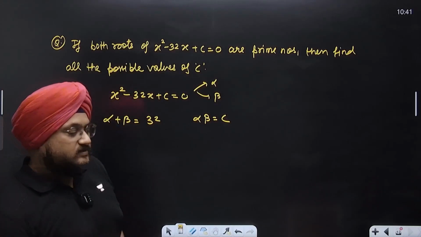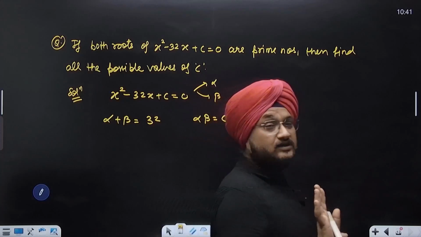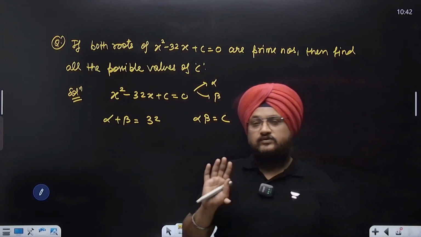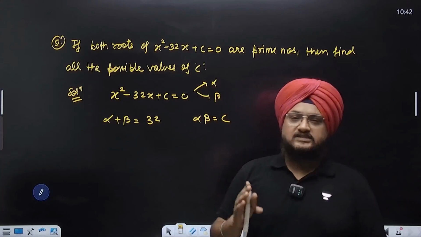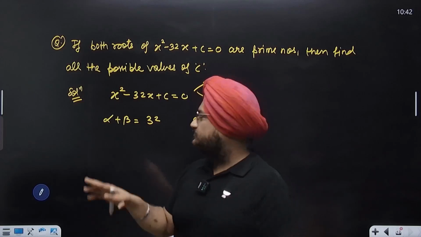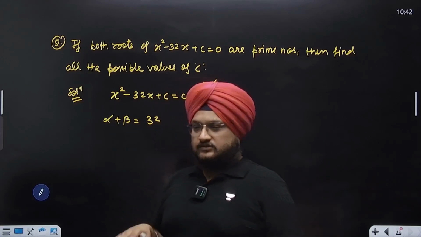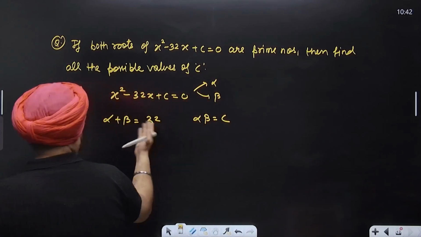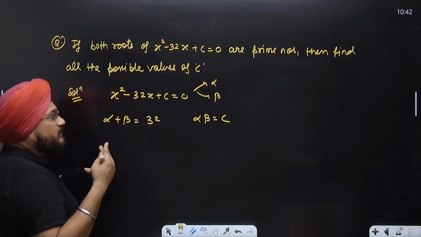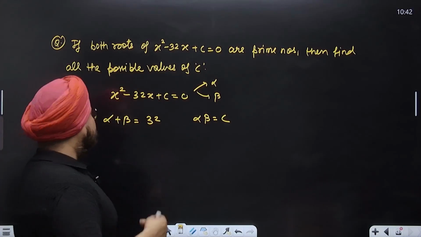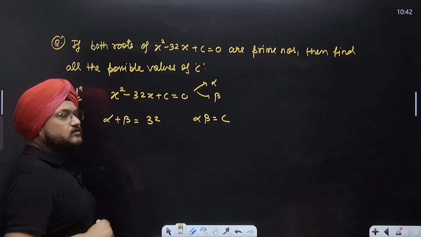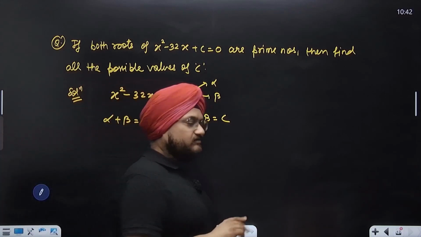So our problem is actually half solved. We only have to deal with the prime numbers less than 32 which satisfy this equation. So let's start. The largest prime number less than 32 is 31. If I take one of the values as 31, the other will become 1, which is not a prime number.